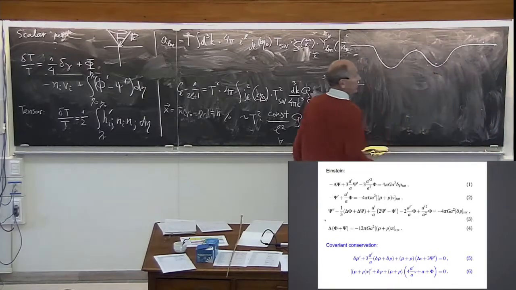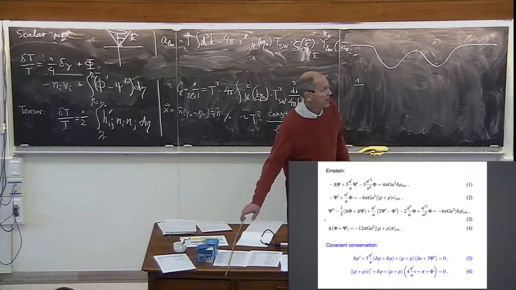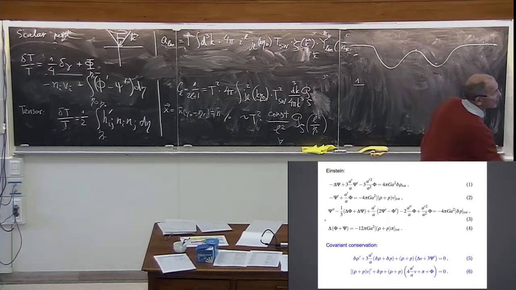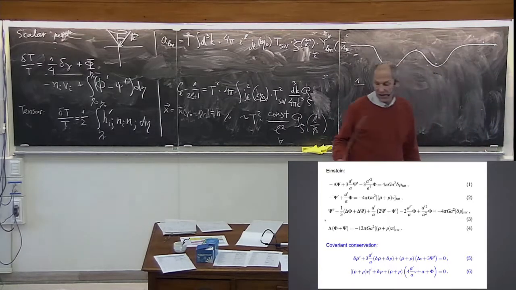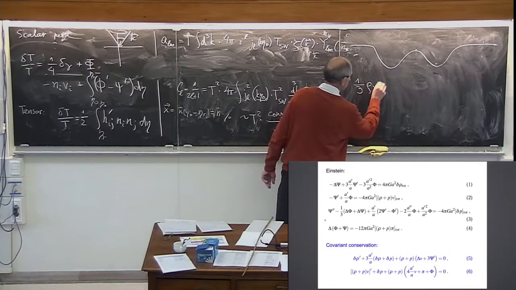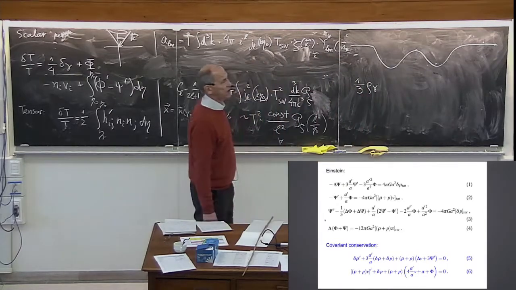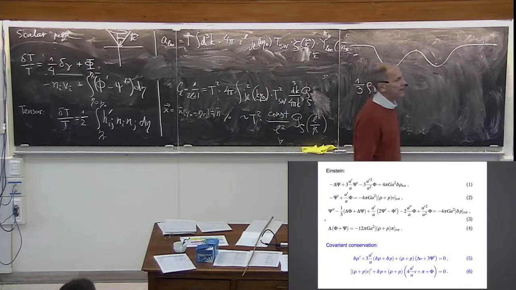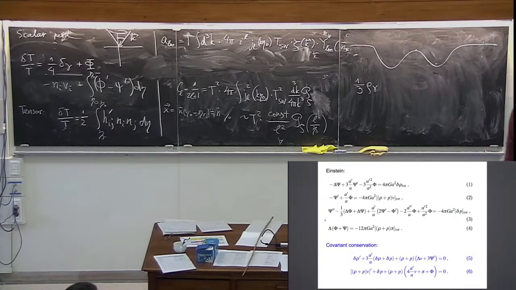So here, the first term is 0 since my source is static. Delta P is 1/3 of the photon energy density. There is no pressure due to baryons. Now these two terms vanish, right, because we are static.